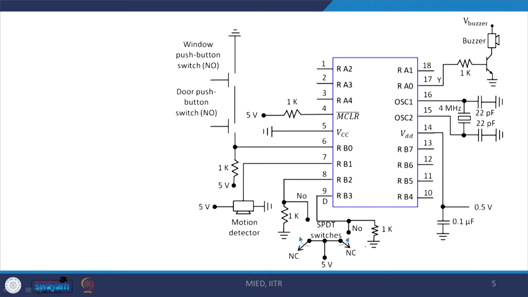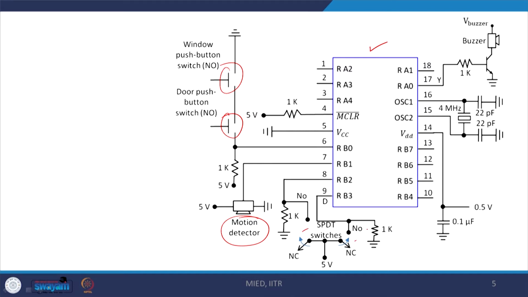So, here we can see the pin layout for the PIC 16F84, and as you can see, we have the window push button switch and the door push button switch, and they are normally open. Here we have the motion detector, and for selecting the operating state we have an SPDT, that is a single pole double throw switch.